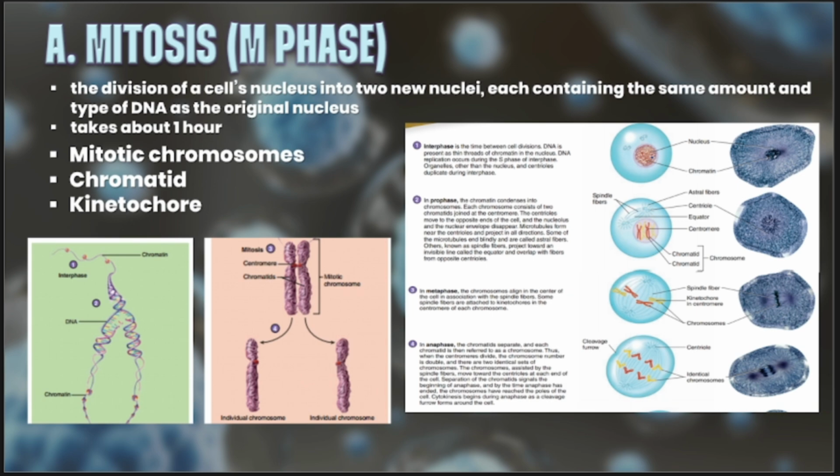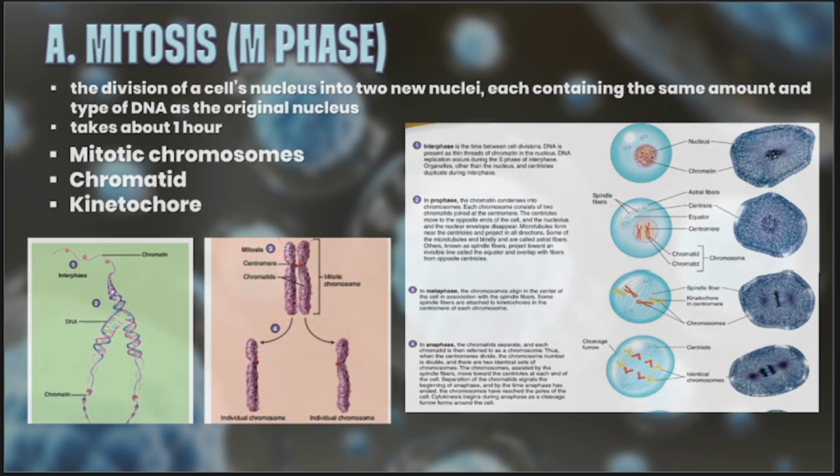Your chromatids are one of the two identical halves of the duplicated chromosome, which are joined together at the centromere. And your kinetochore is a protein structure on the centromere of each chromatid, where the spindle fibers attach during mitosis to pull the chromatids apart.